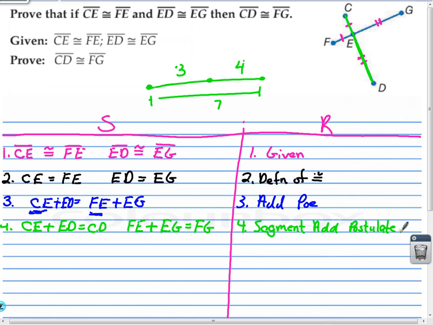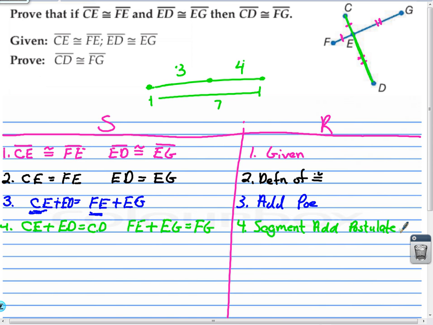So hopefully this is our first eye opener of the year. Every postulate, every theorem, later on every corollary, every definition, do not forget them. Do not throw them away. Linear pair postulate, don't forget it.